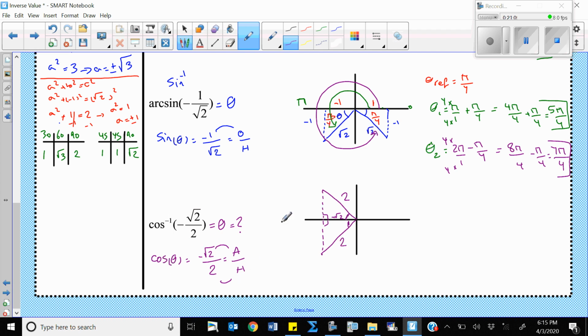Now let's find the missing side. a squared plus b squared equals c squared.